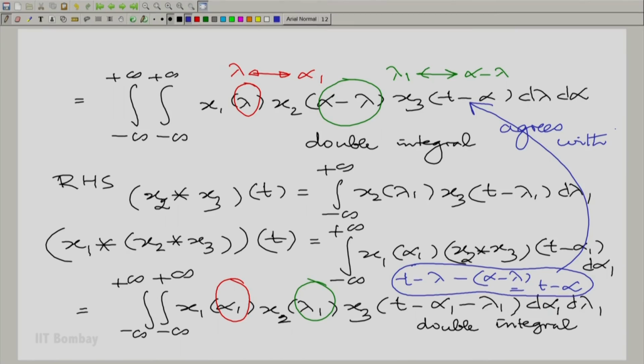Therefore, the two integrands correspond exactly, and because of the Jacobian principle, the elements of integration correspond exactly, the limits of integration correspond exactly, and therefore, the left hand side is equal to the right hand side, and we have proved the associativity of convolution.